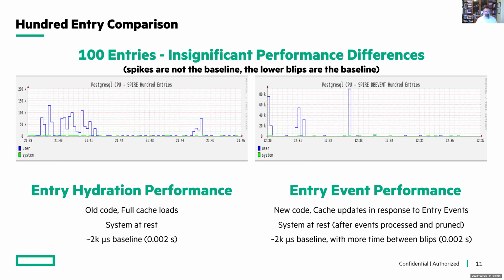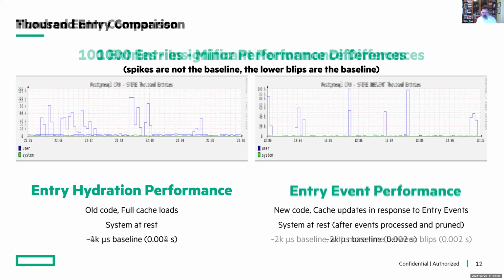And so over here, you can see that at 100 SPIRE entries, it doesn't really matter which database system you're looking at. They're both being impacted very little because 100 entries is really fast to query out of the database.